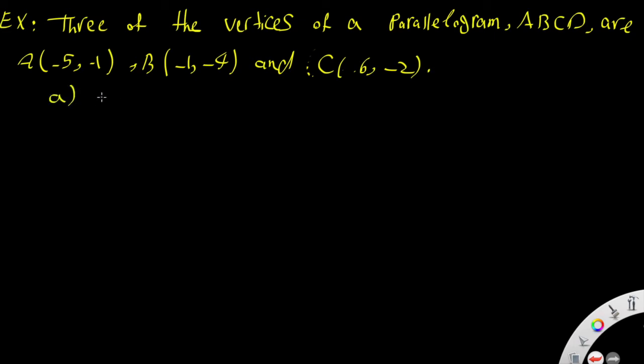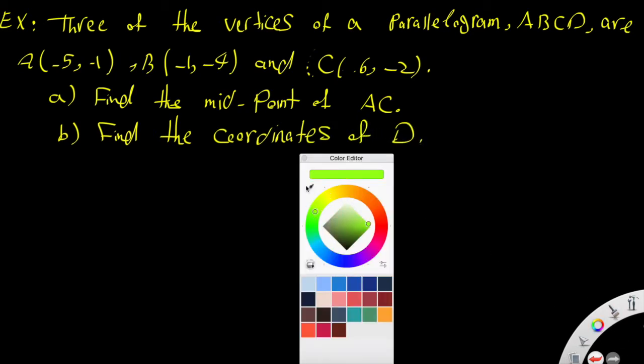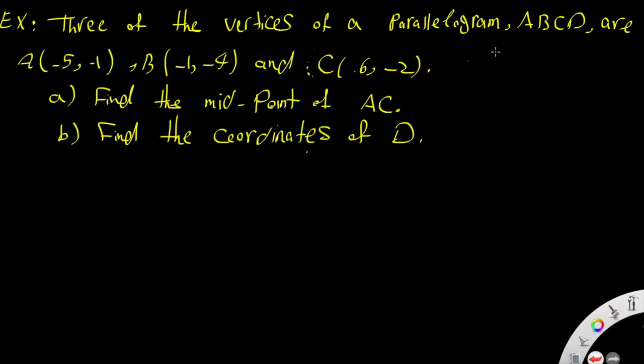Now, as the first part, find the midpoint of AC, and part B, find the coordinates of D. Now let me first construct a simple parallelogram to see what we are going to do here.